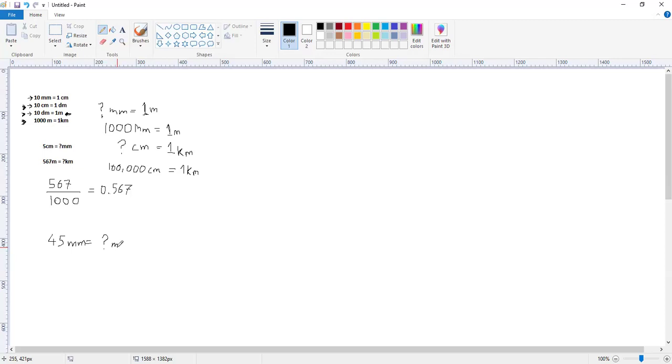Okay, so let me ask, how do you know exactly when to multiply and when to divide? What's your guide? So when the question is, say for example, kilometers, when they ask how many centimeters are in one kilometer, that's when you multiply.